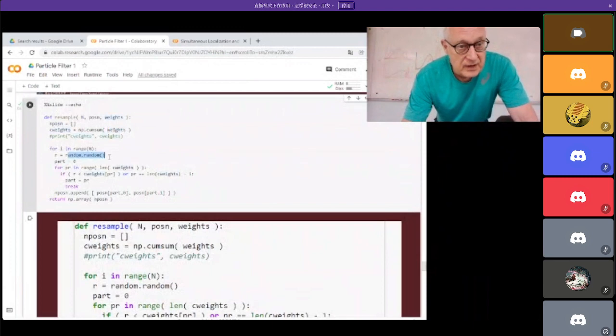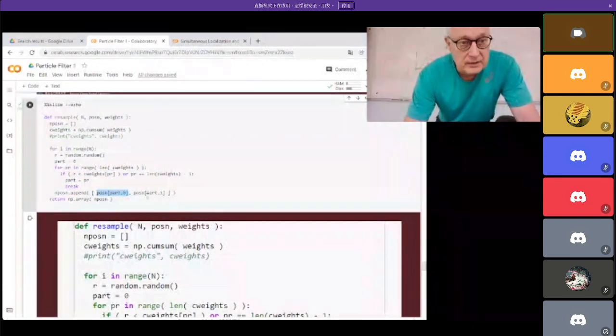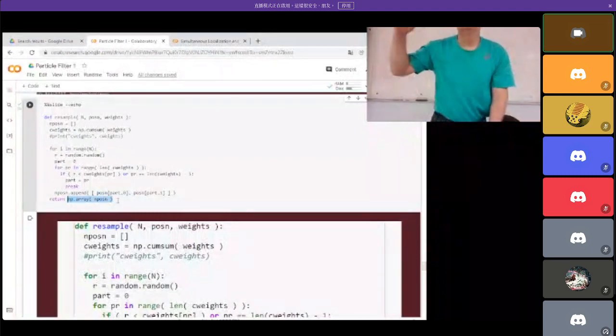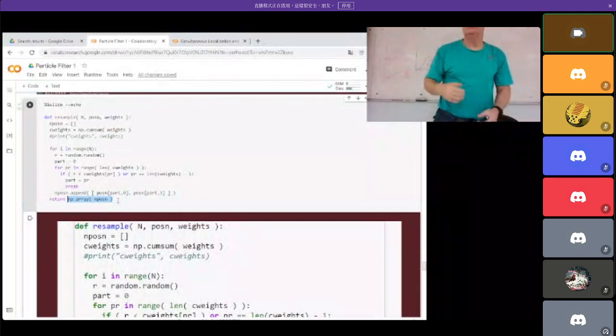Then I draw a random number, and then I simply go through and check which particle that number belongs to or is assigned to based on the weight. And then I add that particle to the new particle array. So here, after this step, we have multiple copies of existing particles.